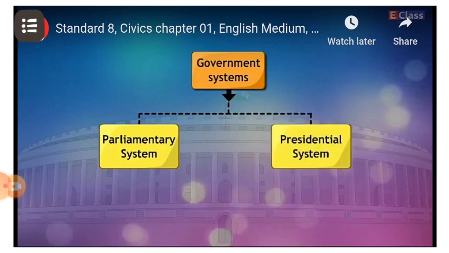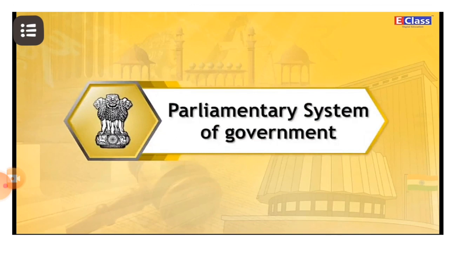There are two main types of government systems that are followed. First one is the parliamentary system and second is the presidential system. Now we are going to learn about the parliamentary system of government.